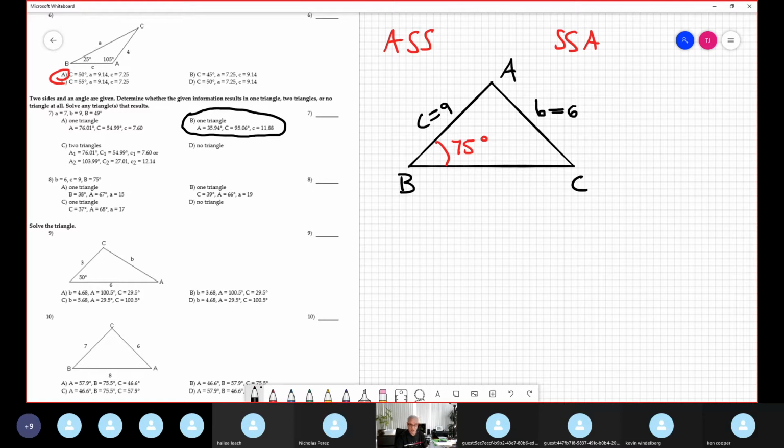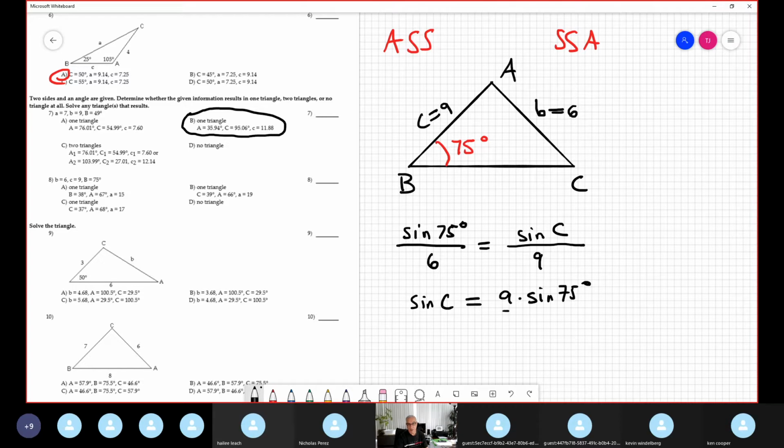In this case, the only angle that I have in my hand is 75, divided by 6, the opposite side, is equal to, for example, I know 9 here, and it's sine C. Okay, this is the setup. Now cross multiply. Sine C is equal to 9 times sine 75 divided by 6.